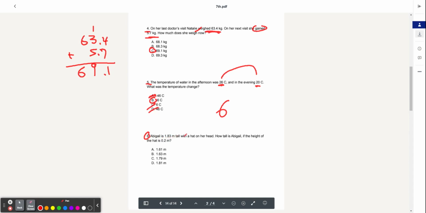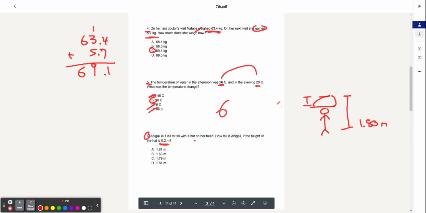6. Abigail is 1.83 meters tall with a hat on her head. How tall is Abigail if the height of the hat is 0.2 meters? Okay, so with the hat, she is 1.83 meters tall.